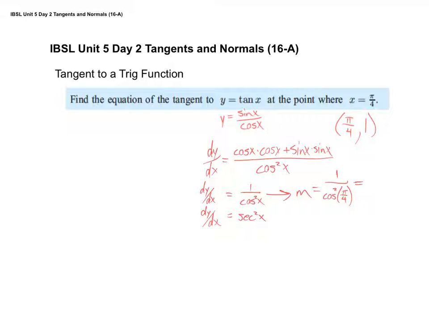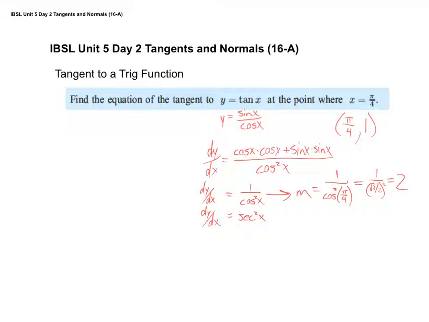So this is 1 over root 2 over 2, and that's squared. Well, root 2 over 2 squared is 2 over 4, which is a half, and 1 over a half is 2. So there's my slope. My slope is 2.